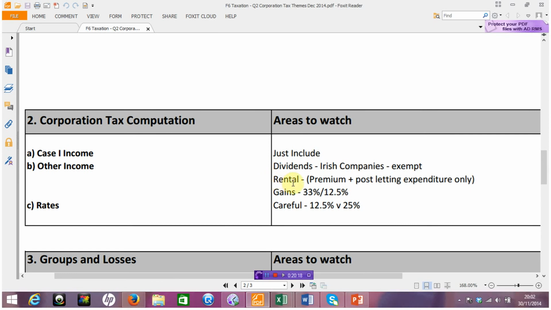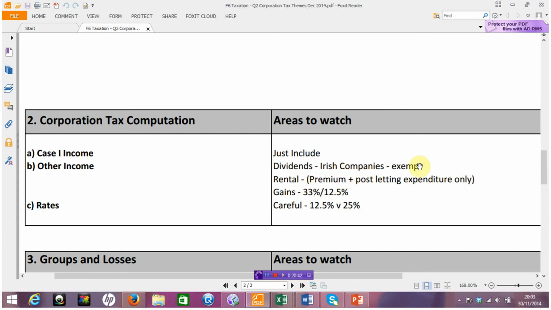In terms of the rental side, rental is as likely to come up within CT as anywhere else. I did cover rental income rules in relation to the income tax themes on video 1. What I've picked out here is just a couple of things, just a premium. Our premium formula, we really got to know that and be able to lay that out very quickly.